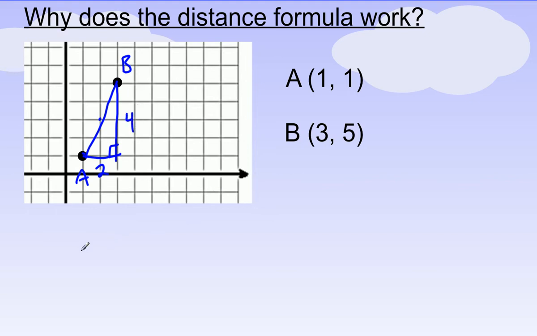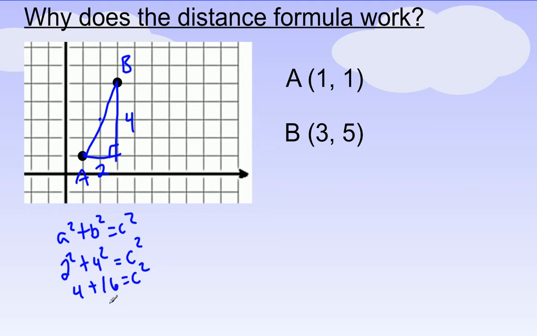So if I would use the Pythagorean theorem, a squared plus b squared equals c squared, this is the hypotenuse, so I don't know that side. A squared is 2 squared. B is 4. That gives me 4 squared, 2 times 2 is 4. 4 times 4 is 16. 4 plus 16 equals 20 equals c squared.